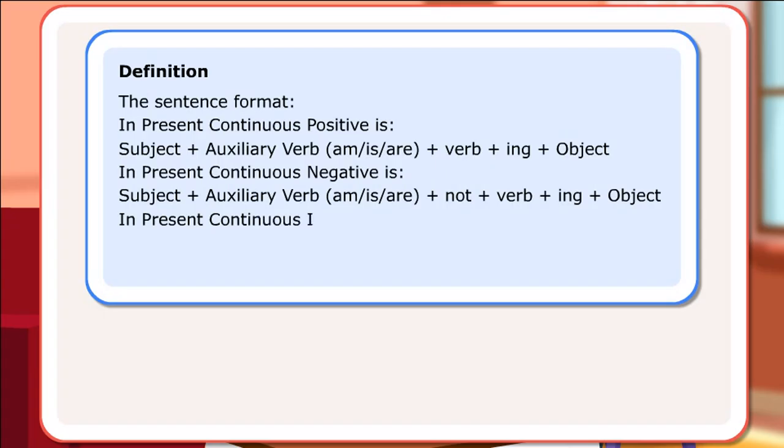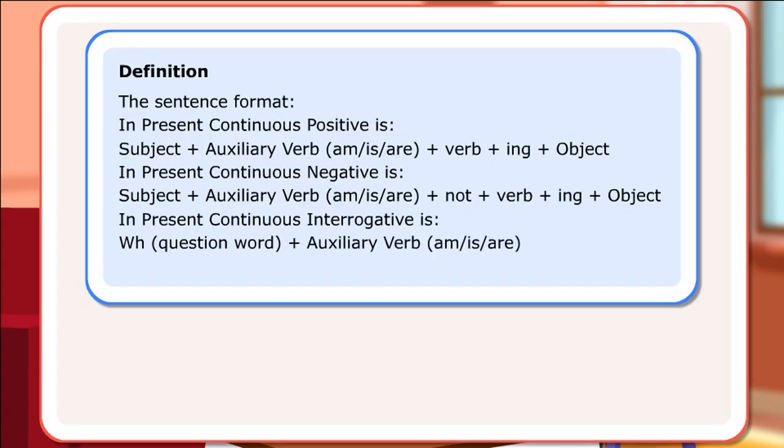The present continuous interrogative is WH question word plus auxiliary verb am, is or are plus you plus verb plus ing plus object. Let us look at these sentences.